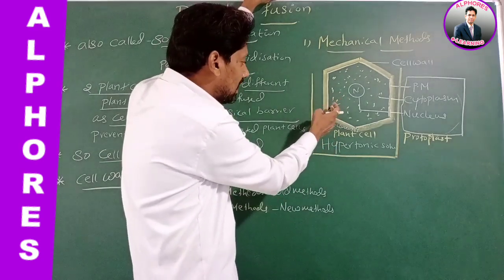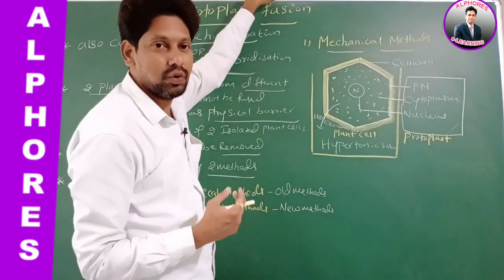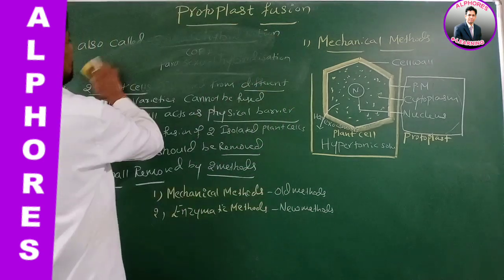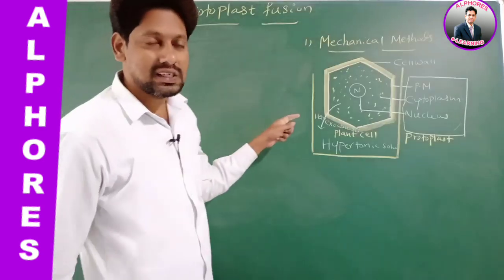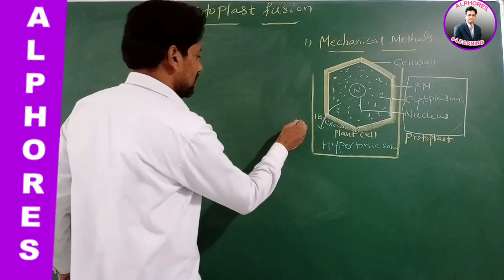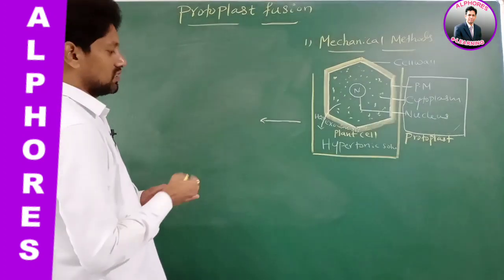As water came out of the plant cell, we call it exoosmosis. Due to exoosmosis, what happens, sir?